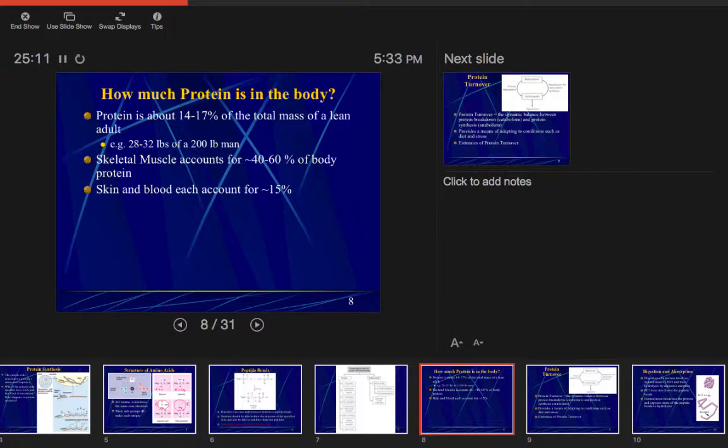So let me give you a couple points about this. About how many proteins are estimated to be in the body? 1,000, 2,000? Remember the Human Genome Project? Fantastic, right? Changed your life.